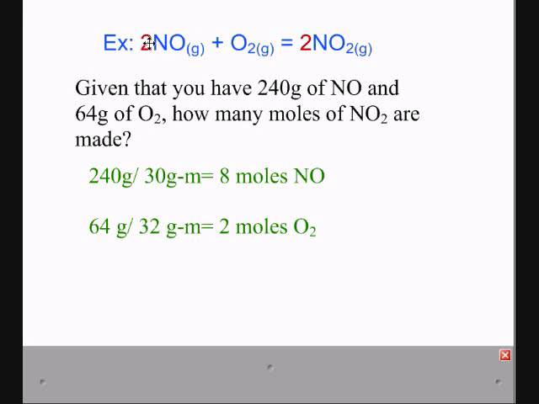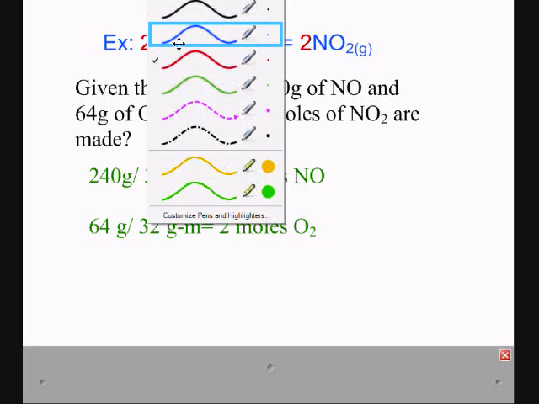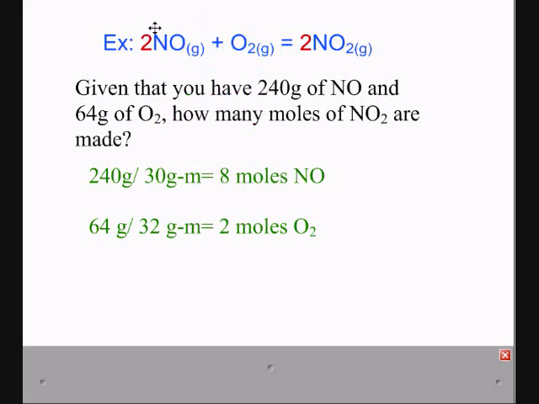Now if you just look at this ratio, even though it's 2 to 1, 8 to 2 is not 2 to 1. 8 to 2 is 4 to 1. So that tells me that I've got a lot more nitrous oxide than I need, and oxygen is the one who's limited. Okay, oxygen is limiting, so I don't care about this. So the amount of product will be determined by the amount of oxygen that I have.